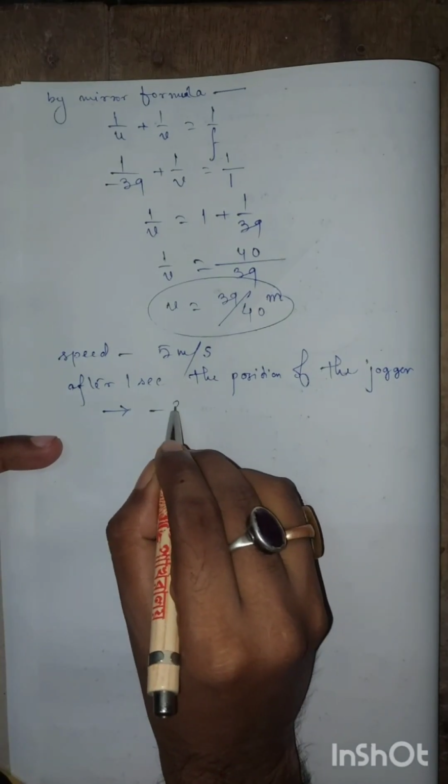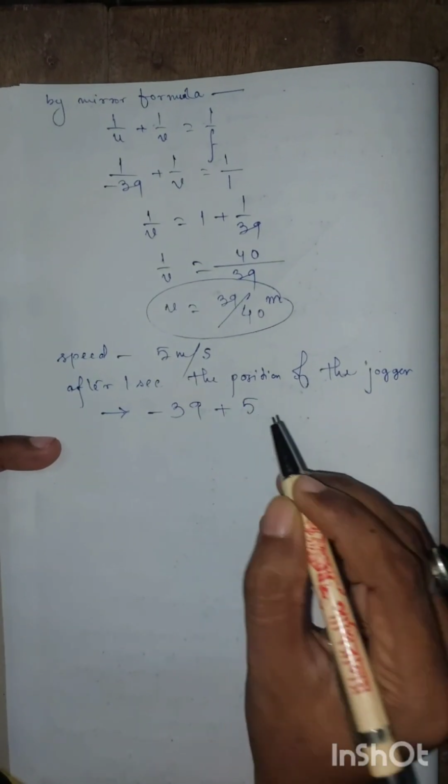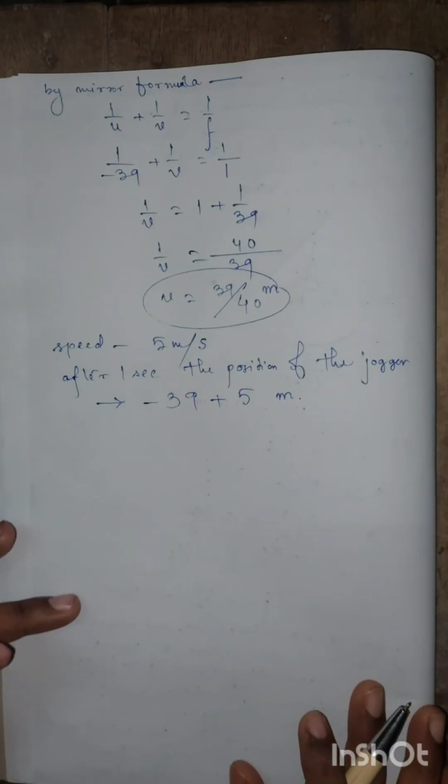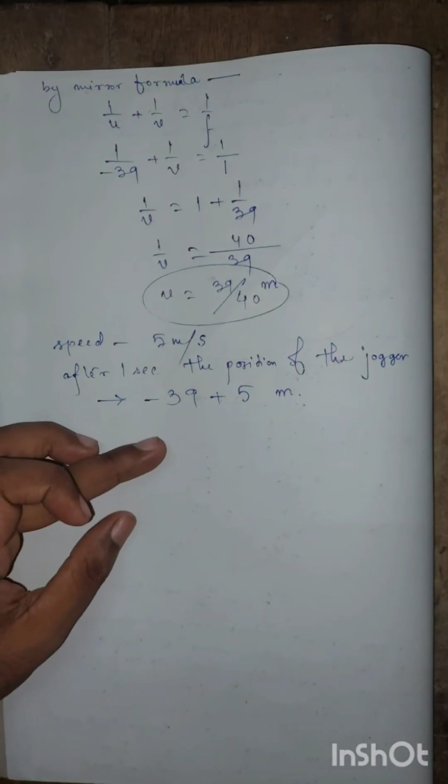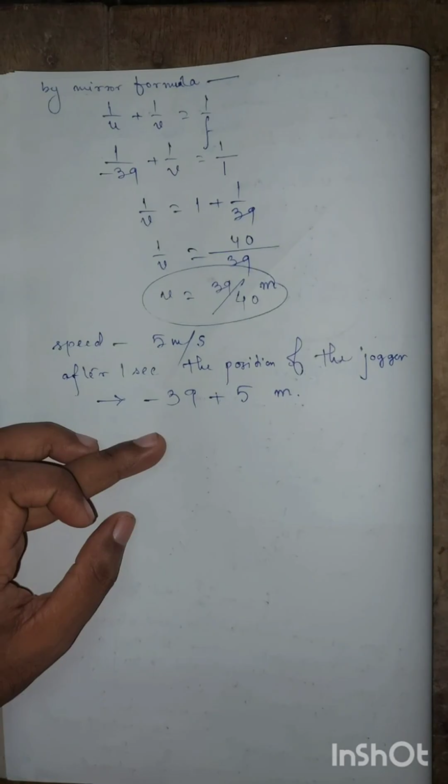So it is minus 39 plus 5 meter. Why minus 39? Because initially the jogger was at a point which was 39 meter away from the pole of the mirror.